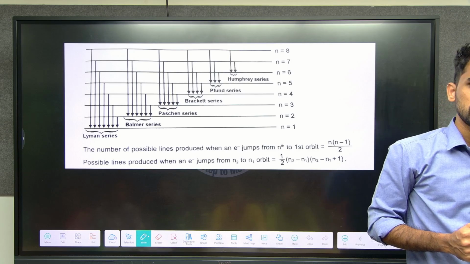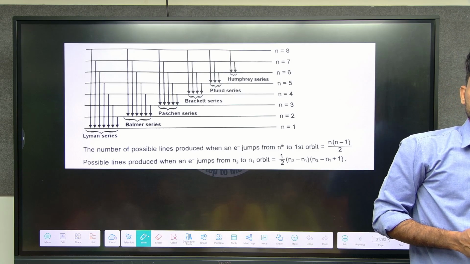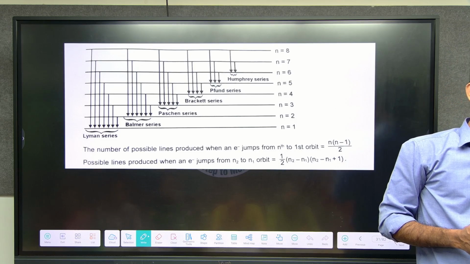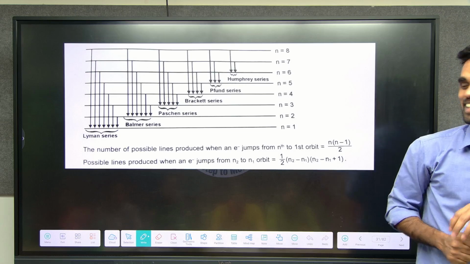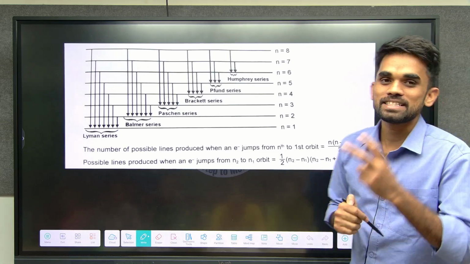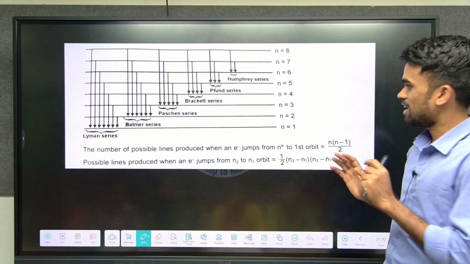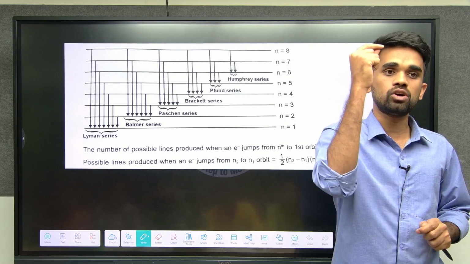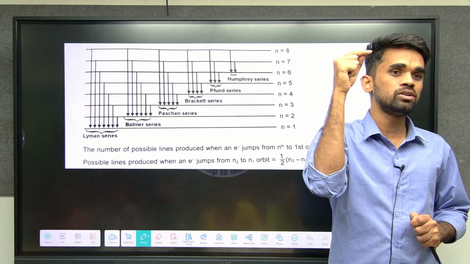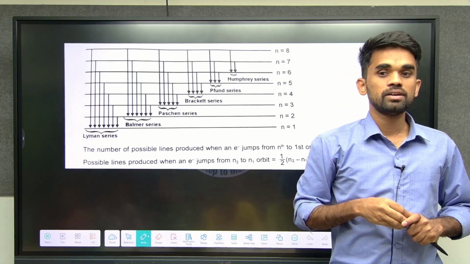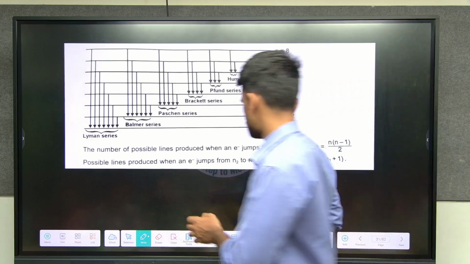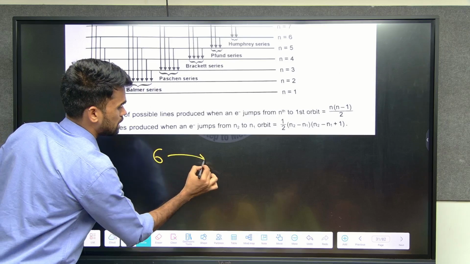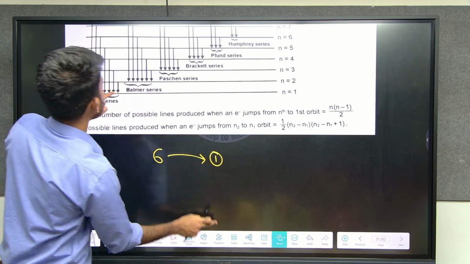If I ask Lyman, H beta line. Beta line of Lyman series. Beta, second line. Yeah, like that. Now tell me the number of spectral lines possible when an electron falls from 6th energy level to ground state. 15. How can you do that? Electron is falling from 6th energy level to 1st. How many lines are possible?